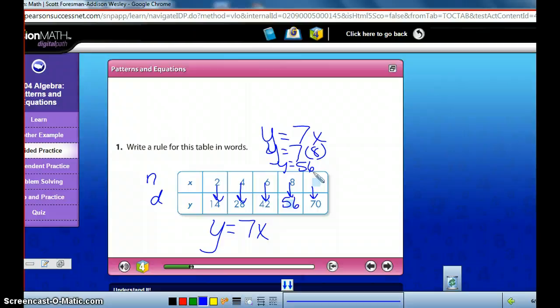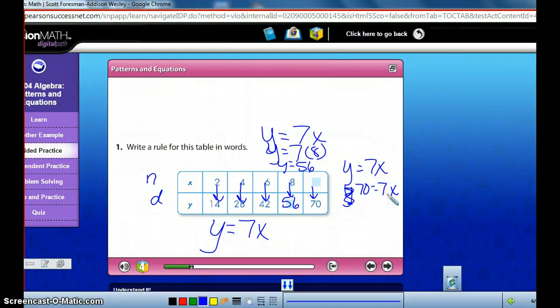We can use that rule again, y equals 7x, to figure out our missing one, to find out the missing x. Fill in what you know. Y, which is 70, equals 7x. We don't know what the x is. We can solve it though.